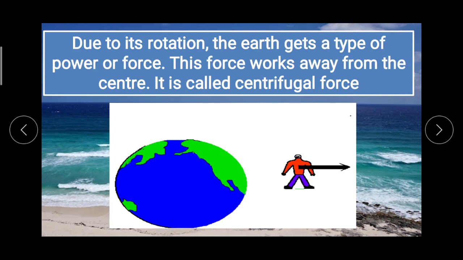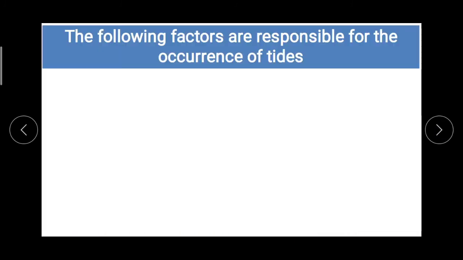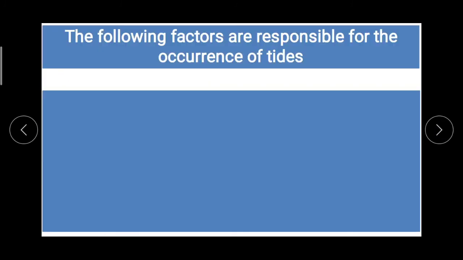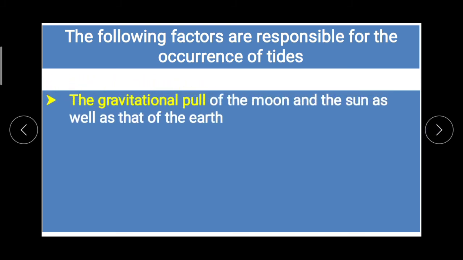Hence, any object on the surface of earth remains at the place where it exists. We stay where we are because of gravitational force.